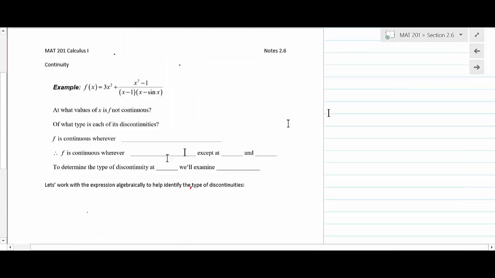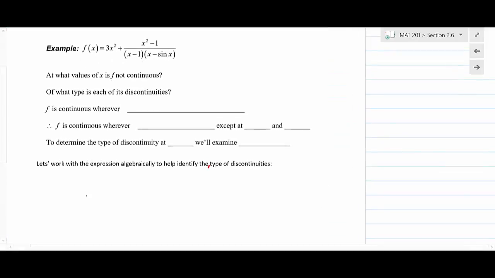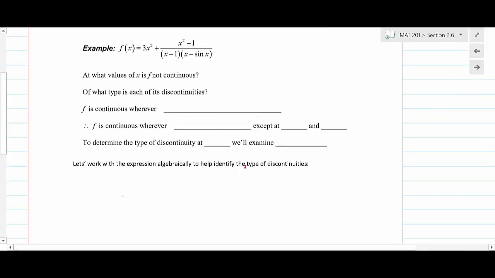Going to the next piece here, we're going to look at some individual examples now. We're just looking at a function and beginning to look through things. So this is a function here, and you've got this place where you have some denominators. So what you're going to have to figure out is what's making that function undefined.